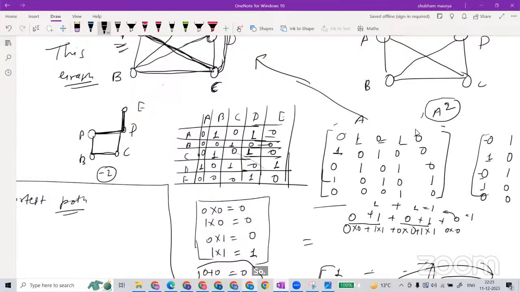So what I understand from the lecture, yes sir: if we talk about a square, then we need to reach that vertex by 2 edges, then we note it as 1.